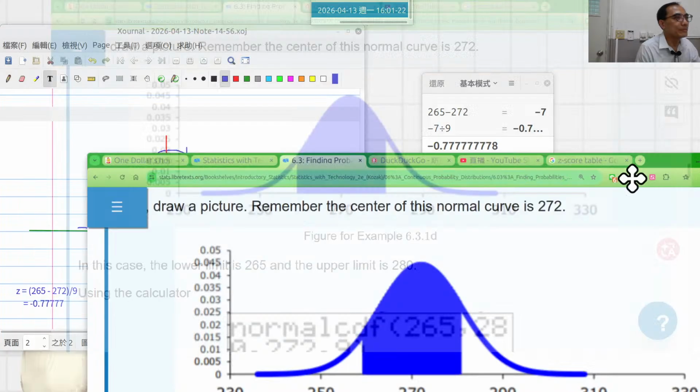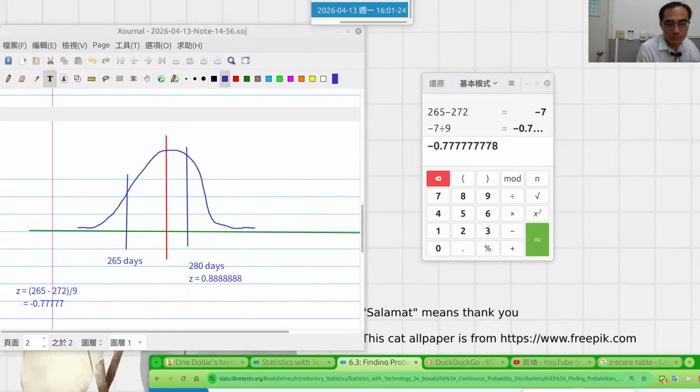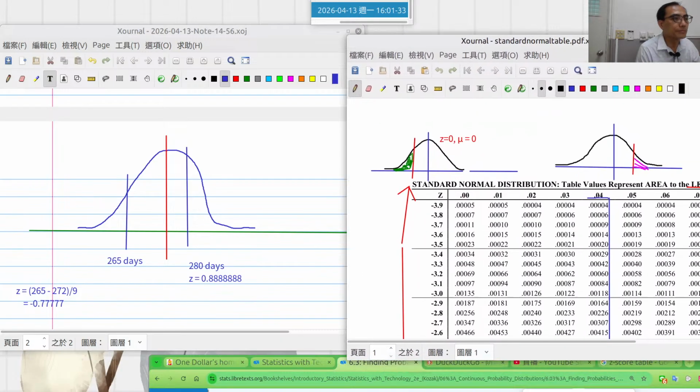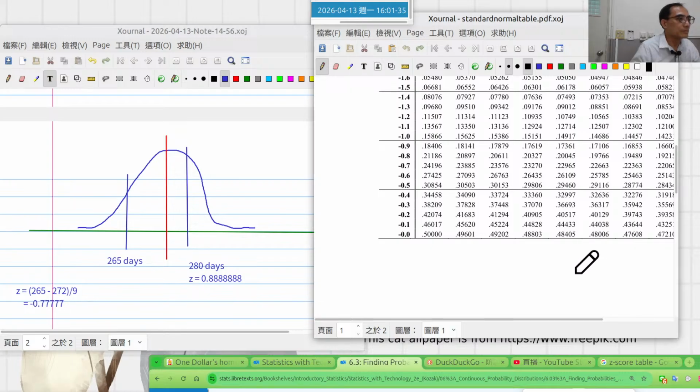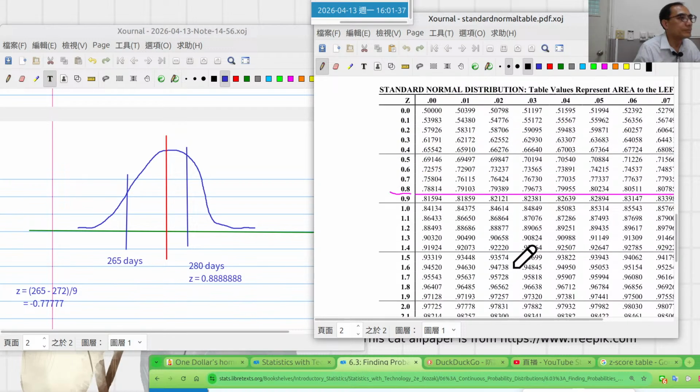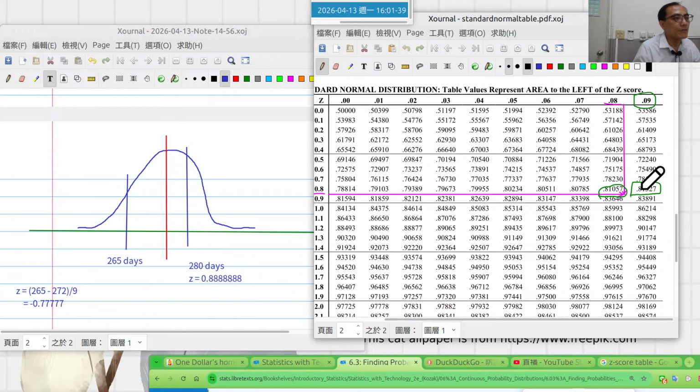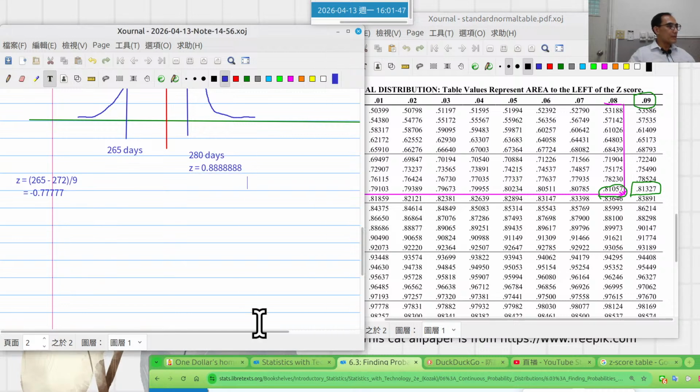Check the table. The first area, 0.8327.